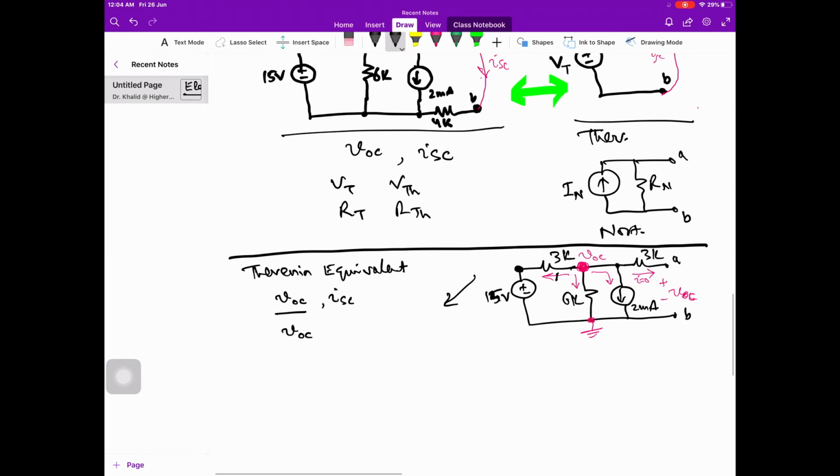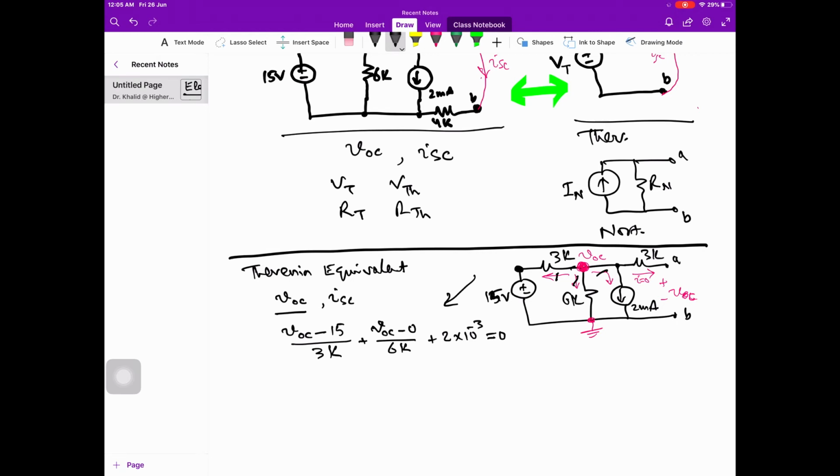So this current is VOC minus 15 volt over 3K, the voltage across the 3K resistance over here. What is this current? This current is VOC minus 0 volt, which is the ground, over 6K. What is this current? It is directly shown. This is 2 milliampere.